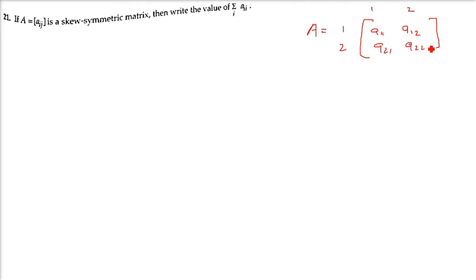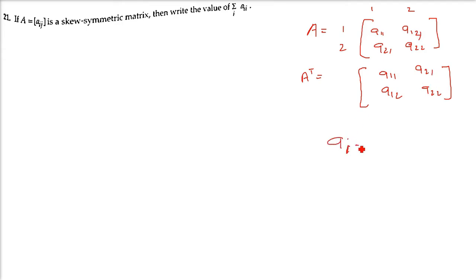Now when we take the transpose, it means row to column and column to row. So the first row becomes the first column, A11, A12, and the second row becomes the second column, A21, A22.